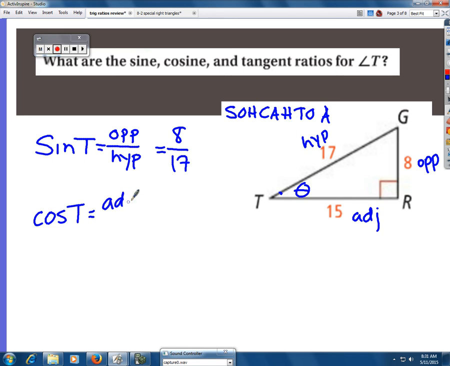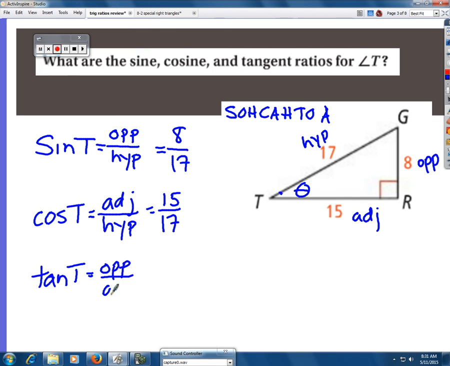So that's going to be 15 over 17. And then tangent is opposite over adjacent. So we've got 8 over 15. So that's how you find the three trig ratios.